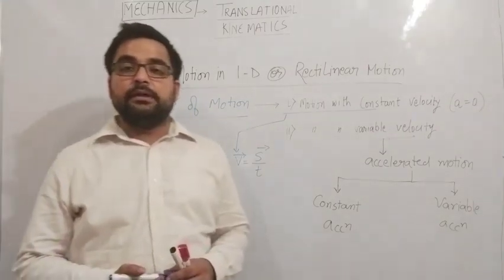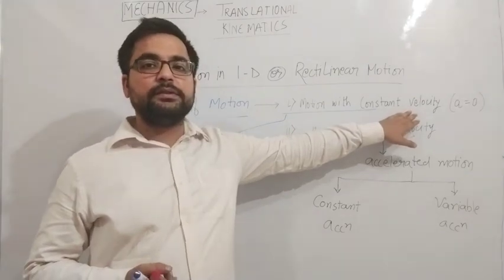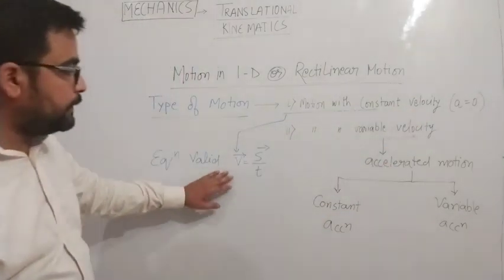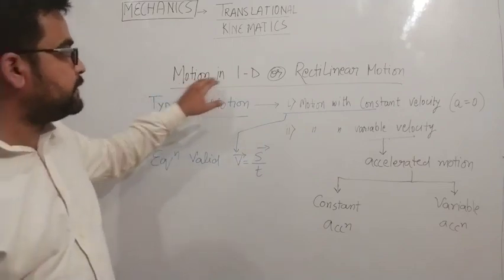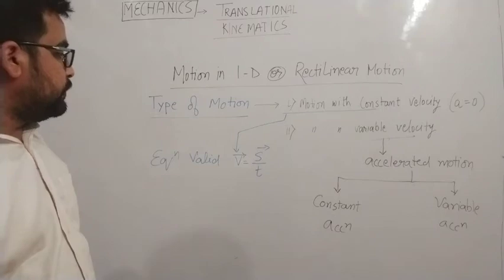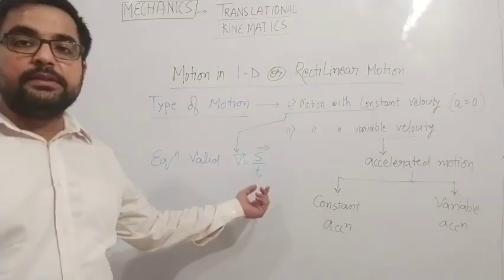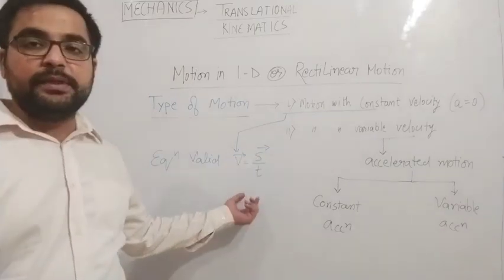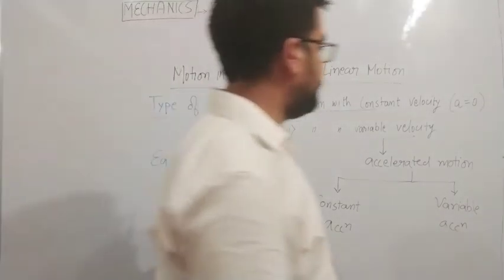Now see, when the velocity is constant, then obviously it is moving along a straight line, right? So you can say that speed is equal to distance upon time, and velocity is equal to total displacement upon time.